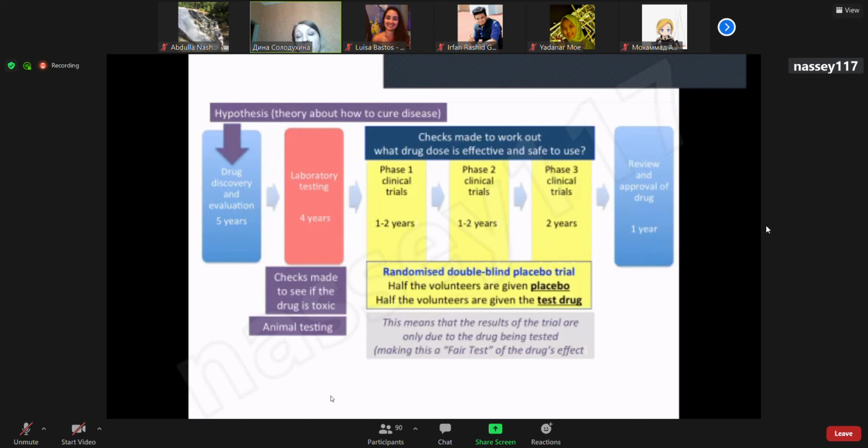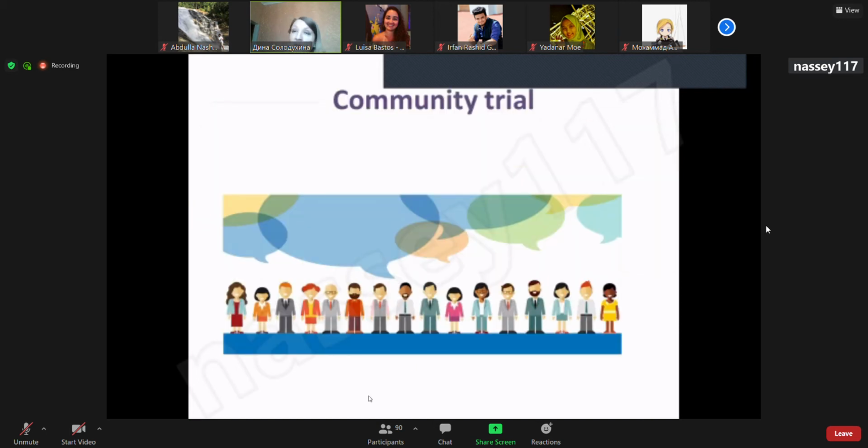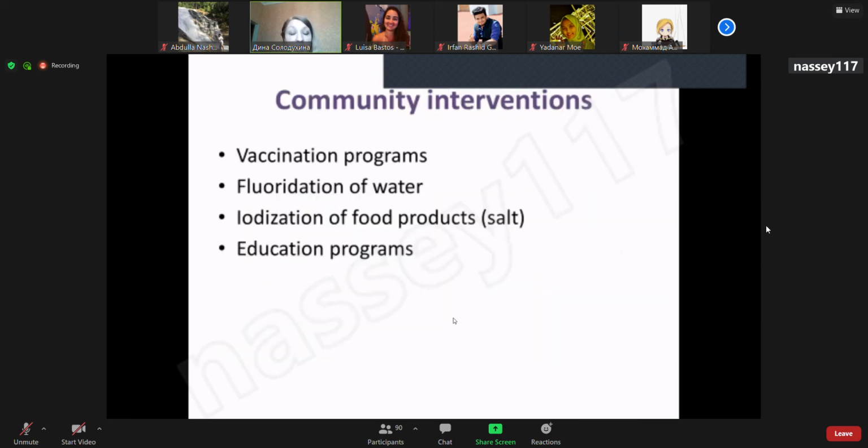Okay, then we come to community trials. If in a clinical trial we deal with patients, in a community trial we deal with populations, or we call it a field study. In a field study or community, there are a lot of people who potentially can participate. So we usually study interventions like vaccination or iodization of products, educational programs, or some other interventions.